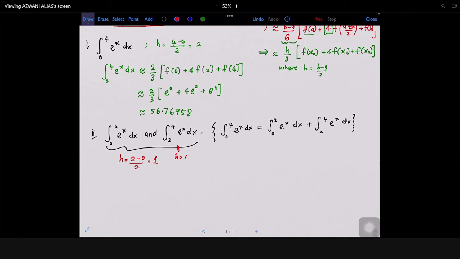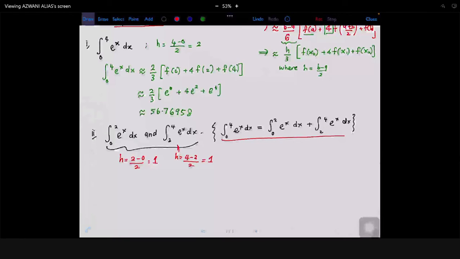H kita adalah 4 minus 2 divide by 2, which is 1. So, dalam kes yang ni, the value of H adalah 1. Okay, so proceed. Sebab nanti disuruh compare the result by adding the approximation. So, saya proceed terus yang ni lah.